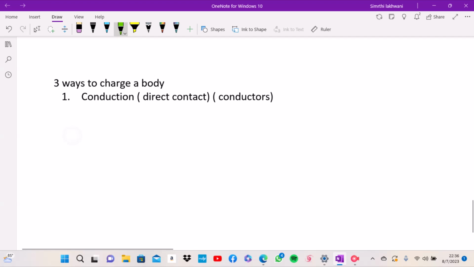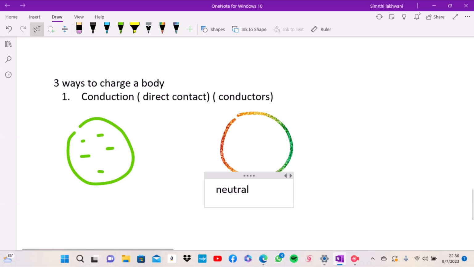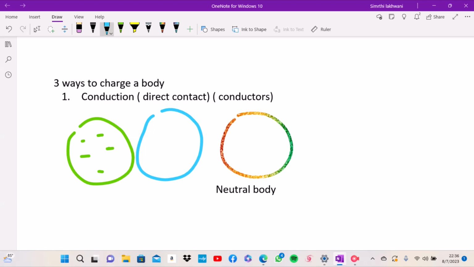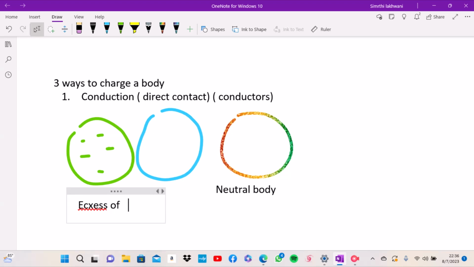Consider that here we have a body that is negatively charged, and over here I have another body that is neutral. When this neutral body is placed together with the first body, this one has an excess of electrons.